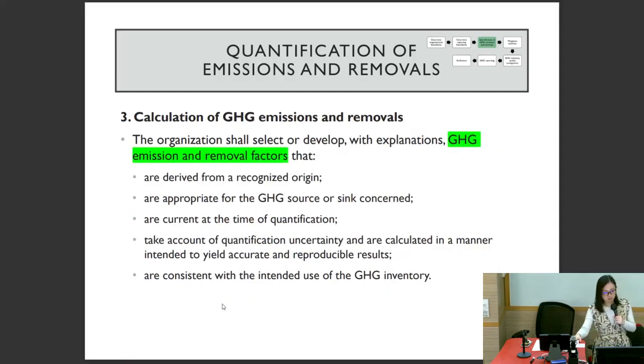Okay, the organization shall select or develop, with explanation, the greenhouse gas emission and removal factors. These are just some considerations, like derived from a recognized regional or international guideline, appropriate for the source and sink, appropriate for the current time of quantification, take account of quantification uncertainty, calculated in a manner intended to yield accurate and reproducible results, and consistent with the intended use of the greenhouse gas inventory.